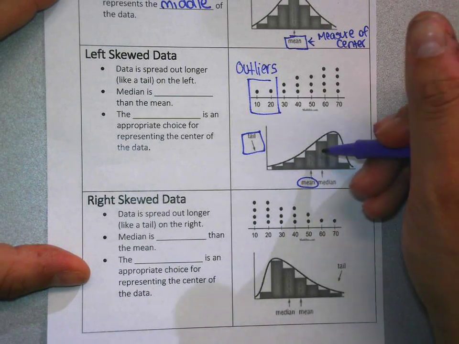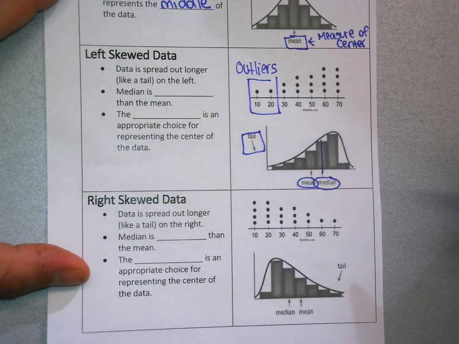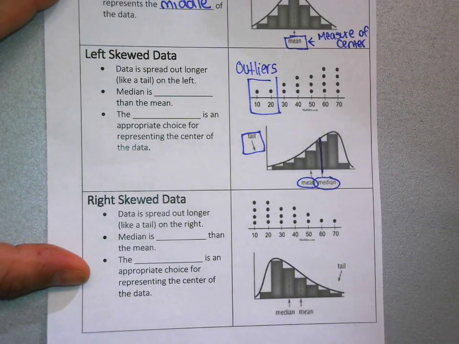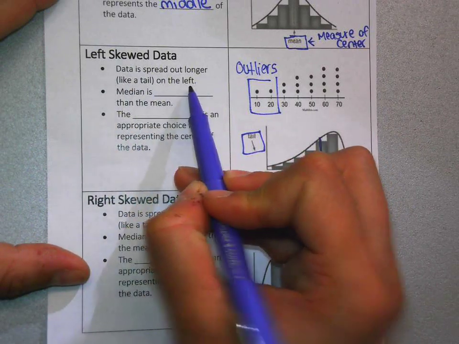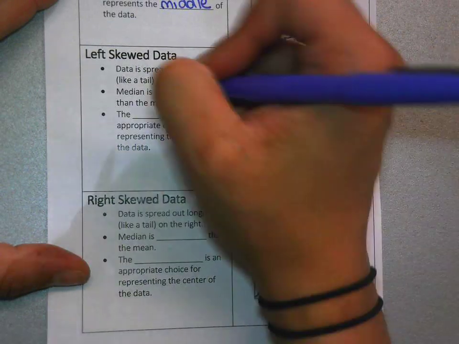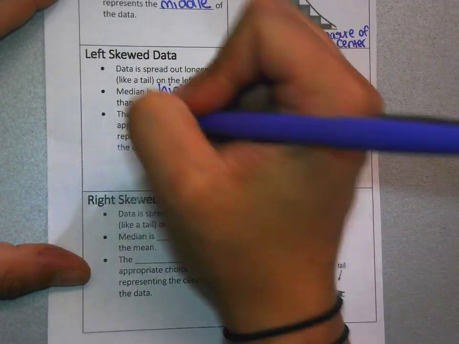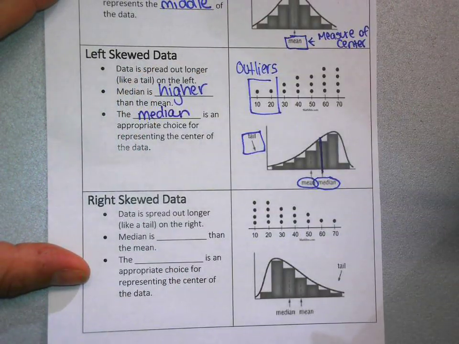When the mean gets pulled down, the median stays the same and is now the better measure of center for the graph. So data is spread out longer, like a tail on the left. The median is higher than the mean, and the median is the appropriate choice for representing the center of data.